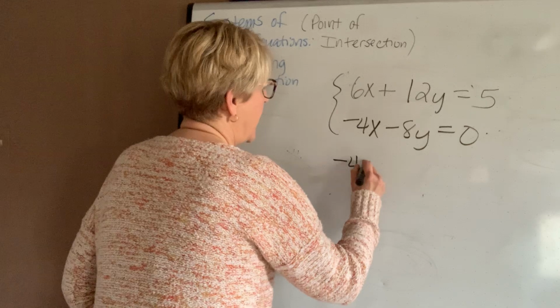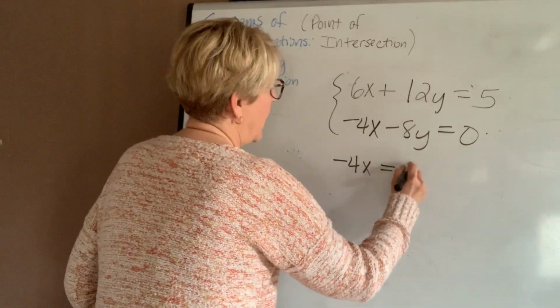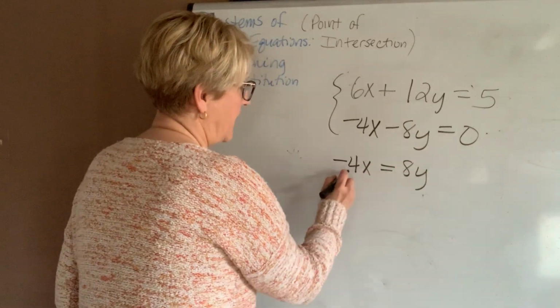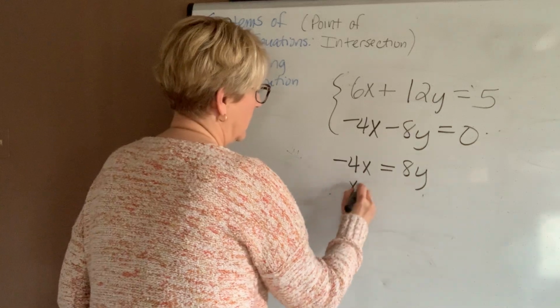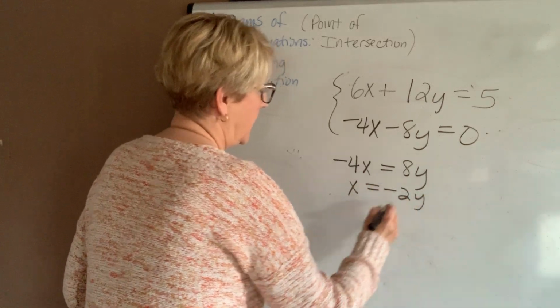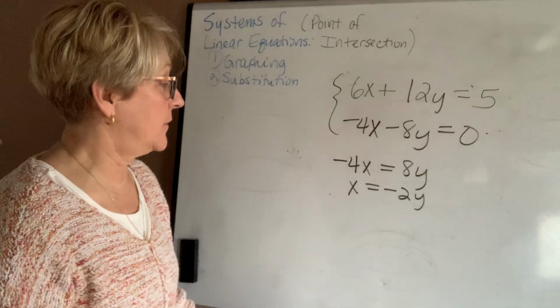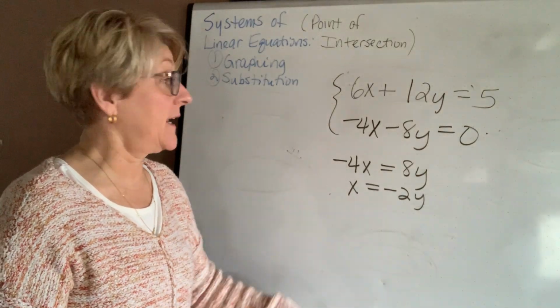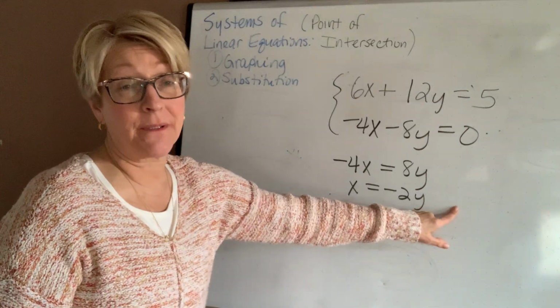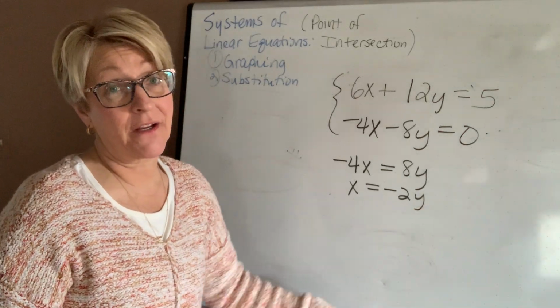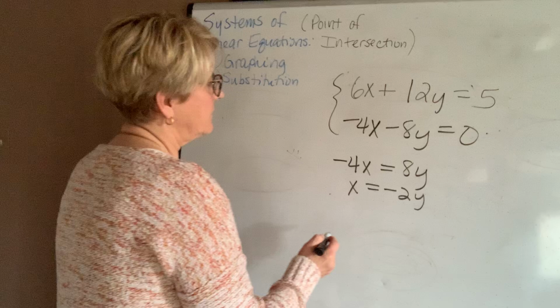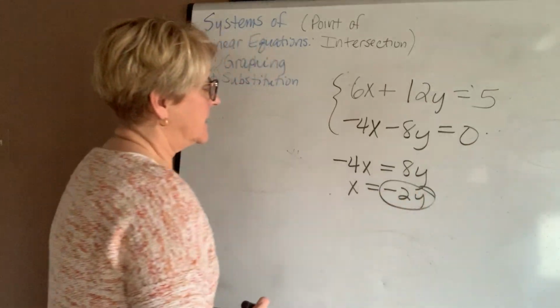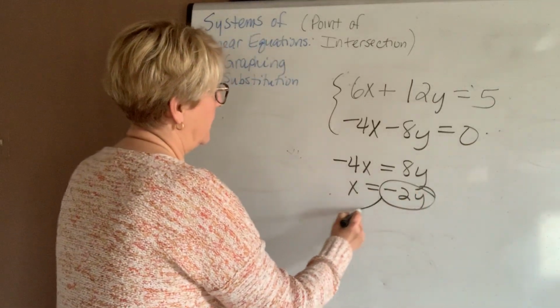So I would do that by adding 8y, and now divide by -4. 8 divided by -4 is -2. Okay, so that was kind of nice, right? And plus 0, if you want to say plus 0, you can. Not necessary. So I'm going to take this and put it where?